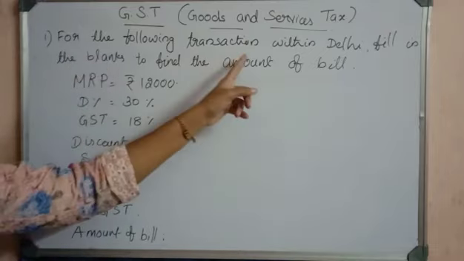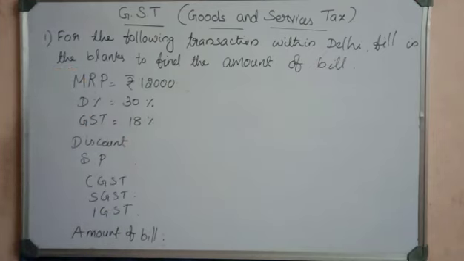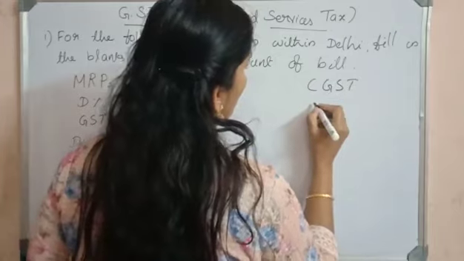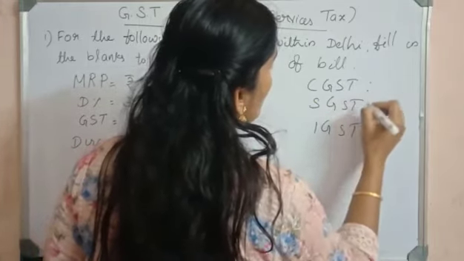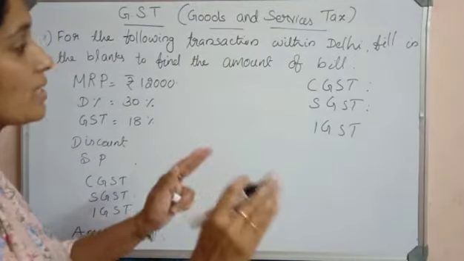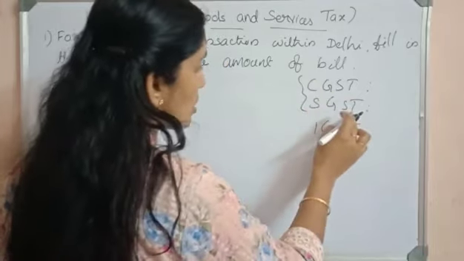For the following transaction within Delhi, fill in the blanks to find the amount of the bill. So how is the GST calculated? As I have told you, GST is of CGST, SGST and IGST. Whenever the transaction is taking place within the state, that is an intra-state transaction, CGST as well as SGST is calculated.